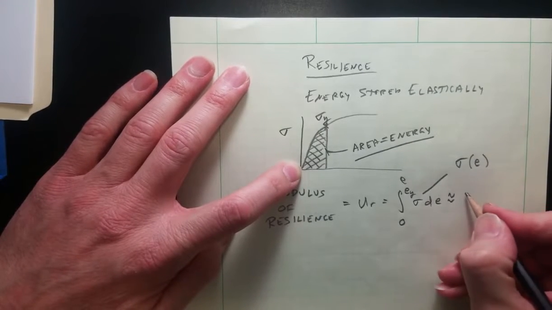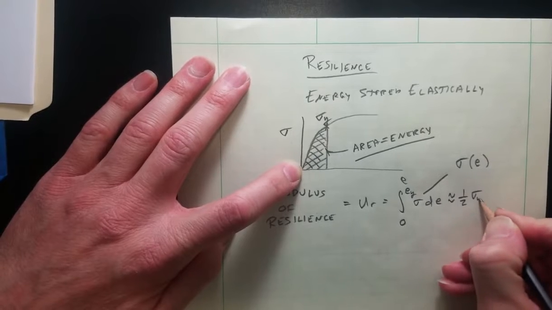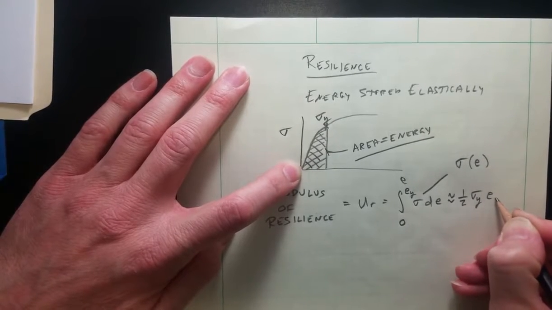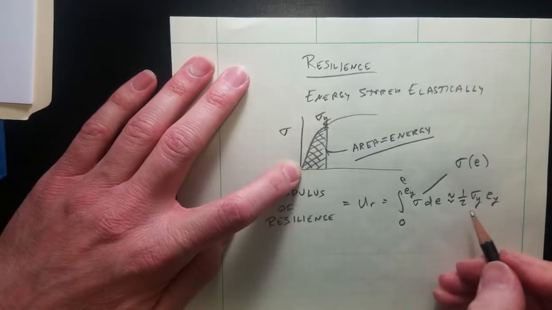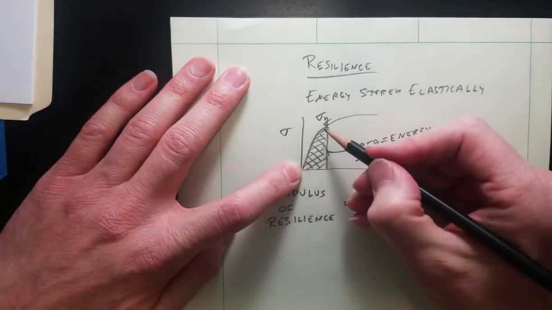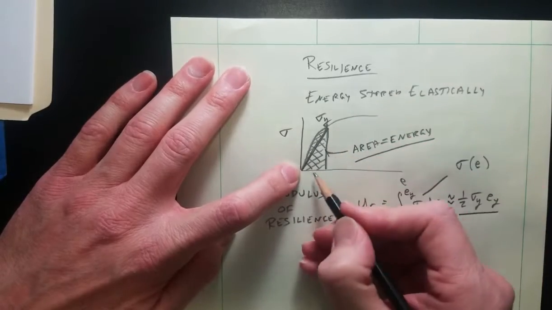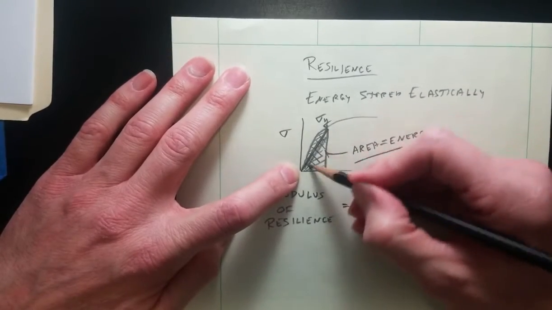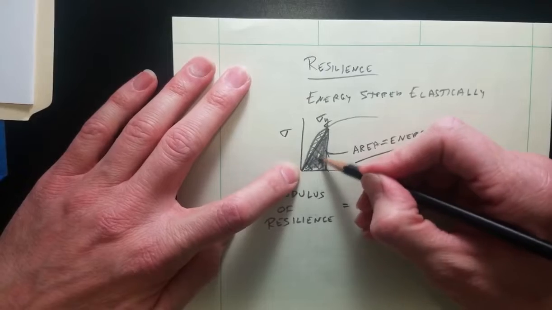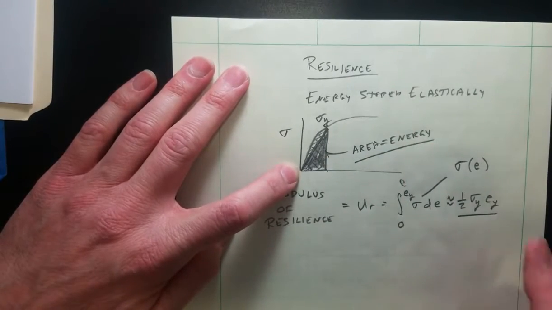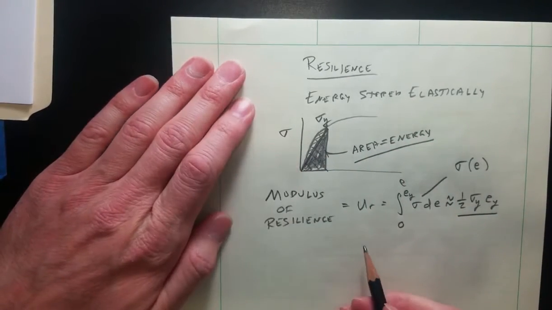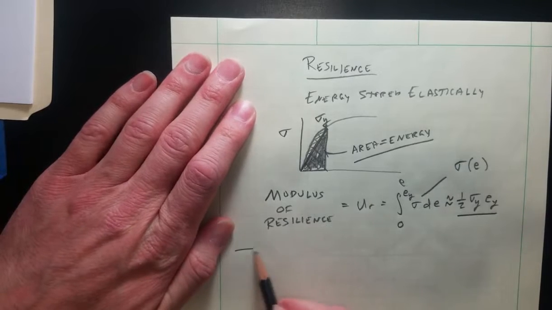And this is approximately 1/2 sigma y epsilon y. This is a triangle made by here. And it's not perfect, but it's a pretty good approximation for the modulus of resilience.